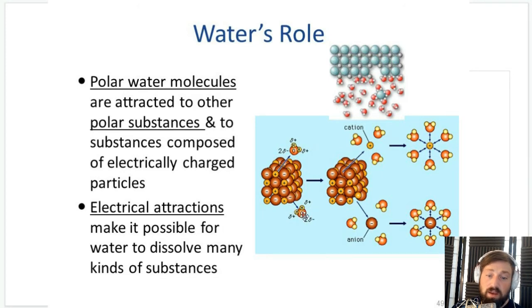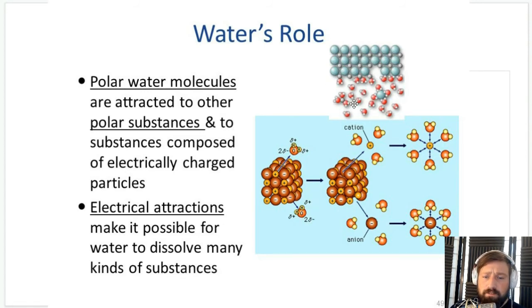Again, ionic dipole interactions, and eventually those interactions are going to overpower the ionic interactions, and the anion will be surrounded by the positive end of water molecules. And that's how water can dissolve most things. Water is very polar.